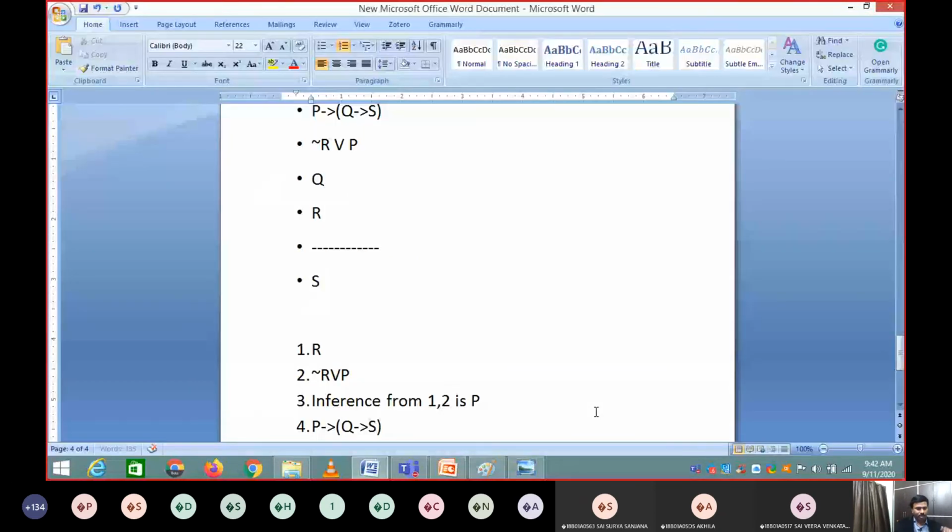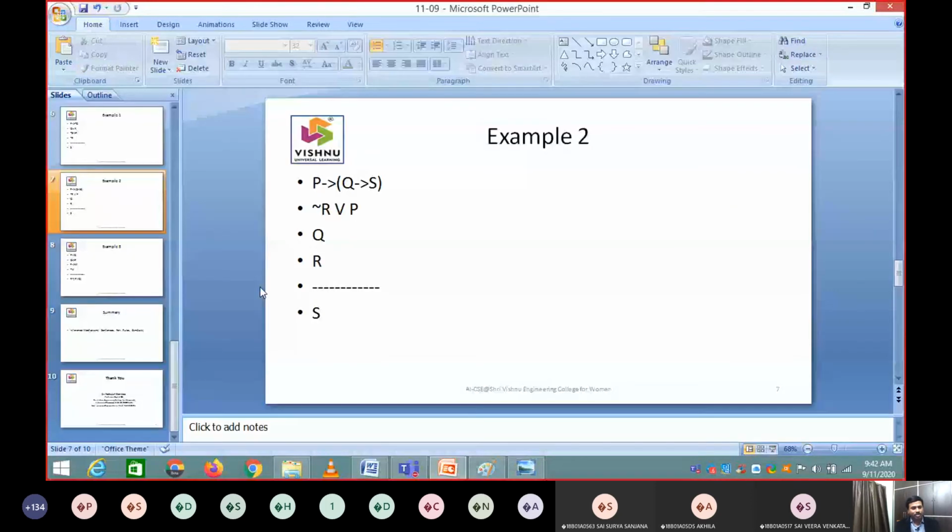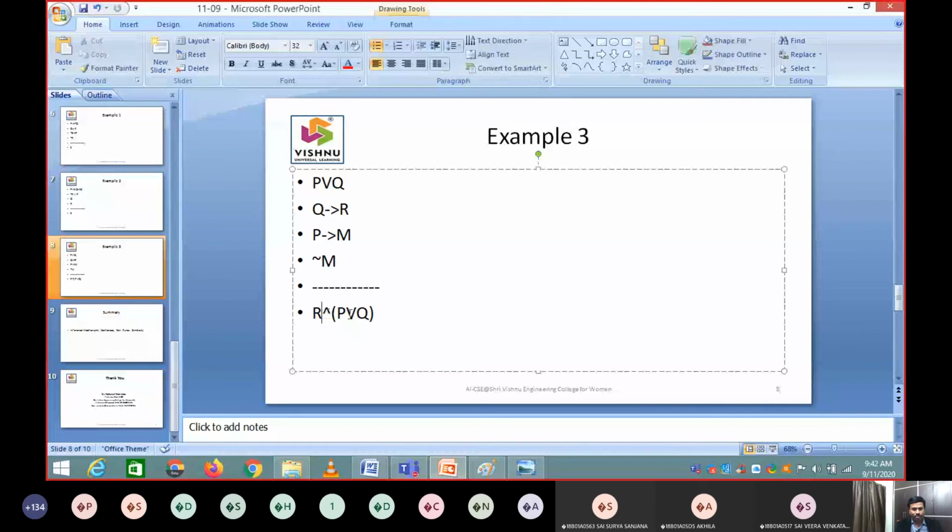So all these questions I have taken are from your seniors' papers. Just now I have seen your seniors' papers, and surprisingly they have given these questions for 8 marks. So this is the question that you can have, and we'll conclude after this. See, this symbol is an AND symbol actually.